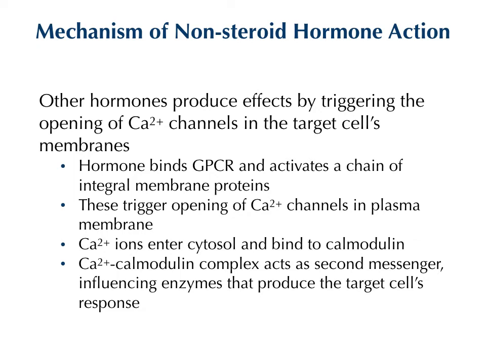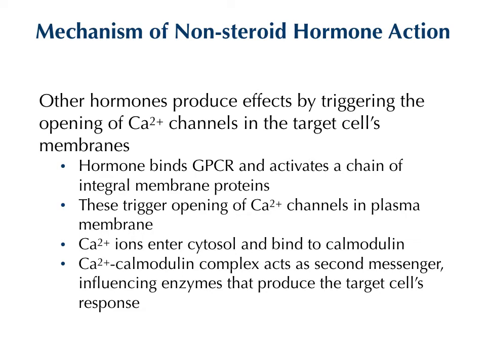Okay, so some other hormones will produce their effects by triggering the opening of calcium channels in target cell membranes. Here, you're going to find hormones binding to other G protein coupled receptors, and this can activate a chain of integral membrane proteins. This will then trigger the opening of calcium channels in the plasma membrane, and then calcium ions will enter the cytosol and bind to calmodulin.